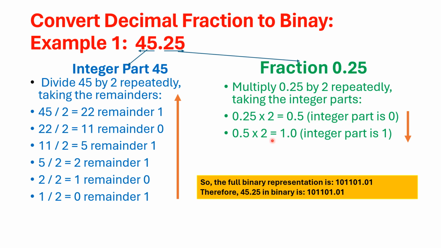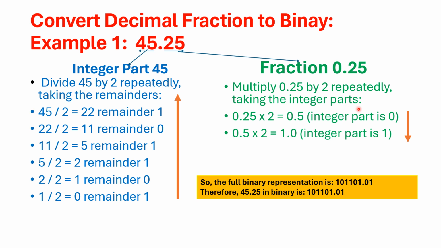Now the outcome 0.5 is multiplied by 2. The outcome is now 1, with a whole number component of 1, which shows that it is exactly represented by the fraction.